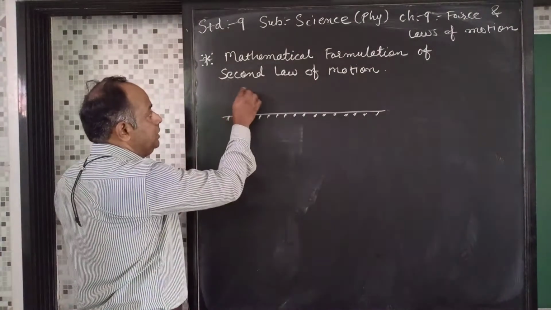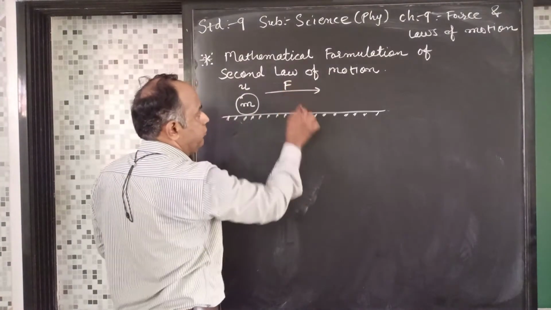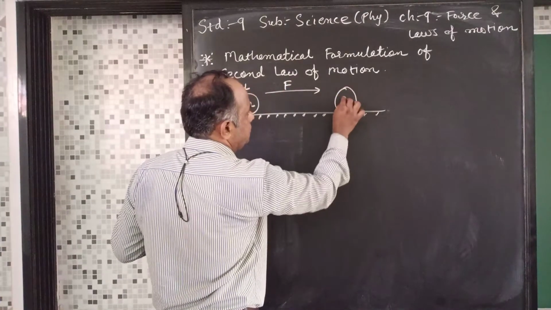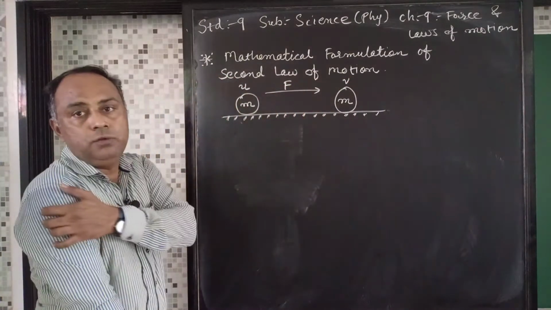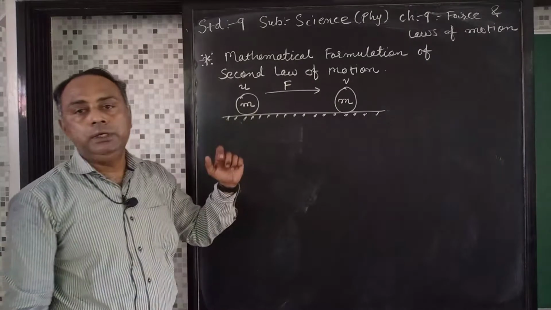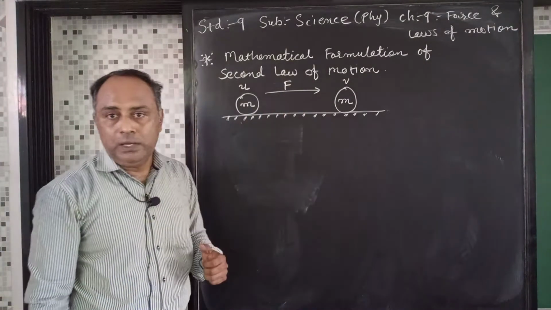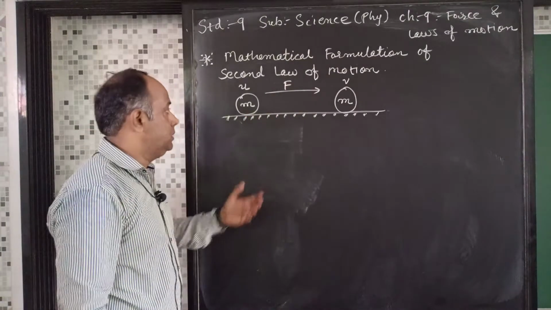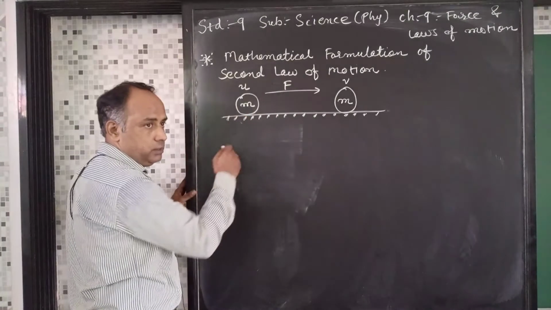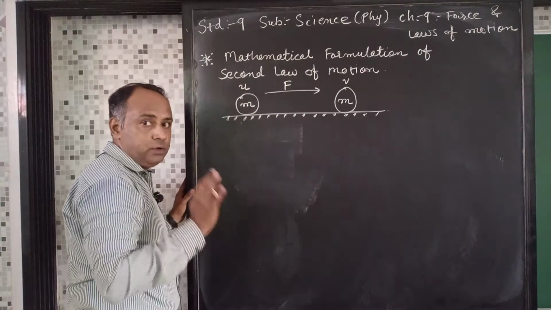With initial velocity u, under the effect of force F, it covers some distance, and due to the external force it acquires its final velocity v. We need to understand these notations, friends. Again, I will repeat for the sake of clarity.